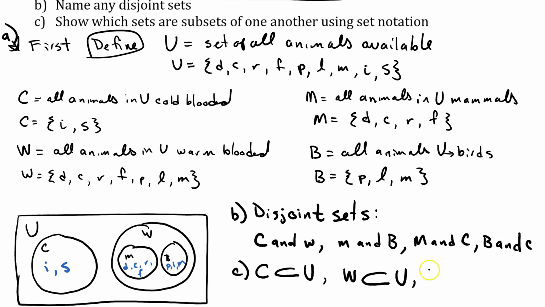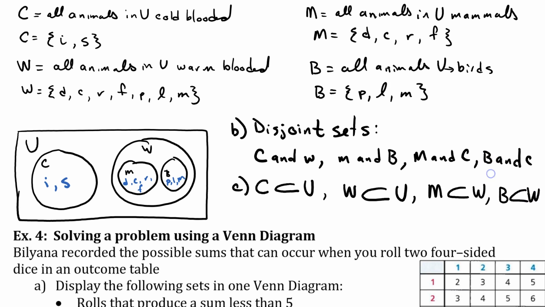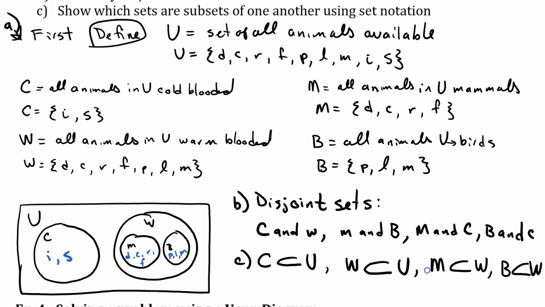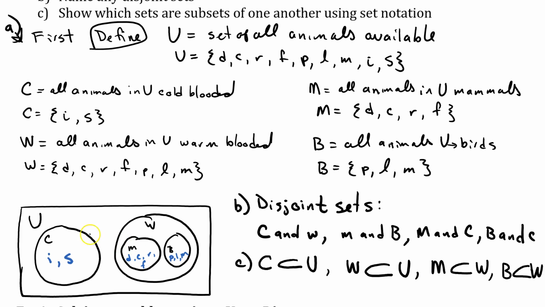So we could say mammals are a subset of warm-blooded, and birds are a subset of warm-blooded. In the same way, we can also write that mammals are a subset of the universal, and birds are a subset of the universal.